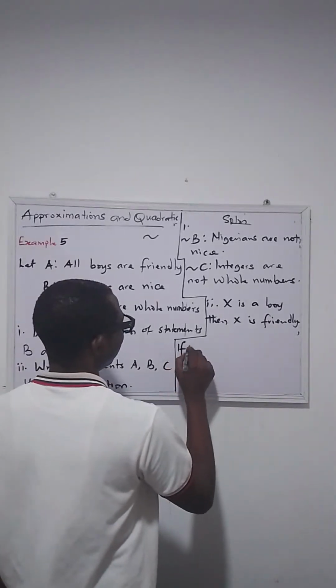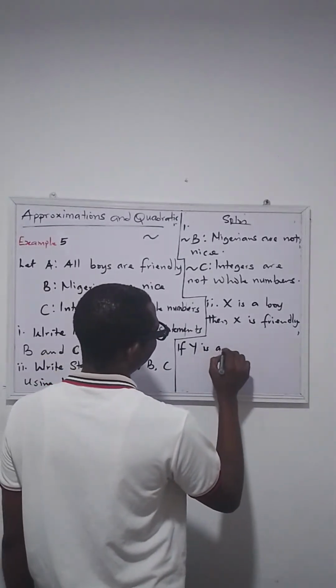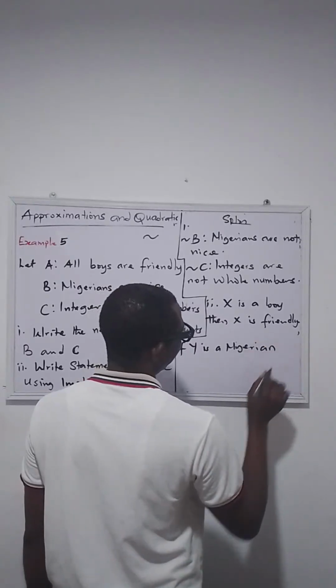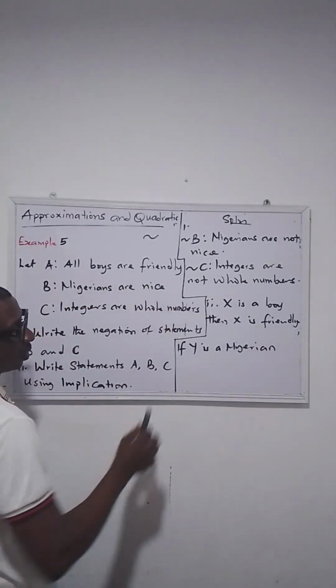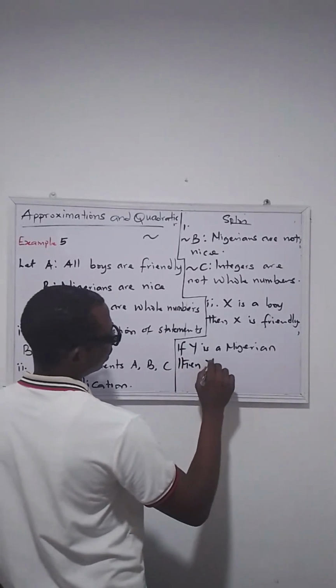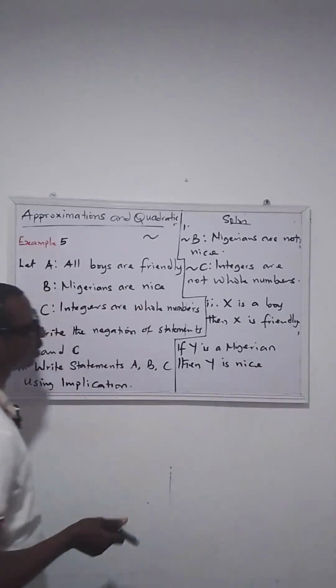Now let's look at the next one. If Y is a Nigerian, then Y is nice. Can you see the statement?